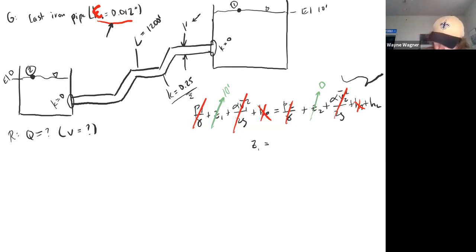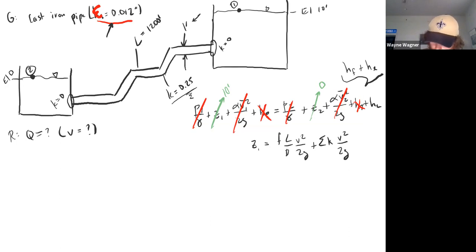The head loss is going to be head loss due to friction plus the head loss due to the minor losses. So the friction is FL on D, V squared on 2G. It's all the same pipe, so we don't have to worry about anything weird going on there. And then plus the head loss due to the minor losses, and that's going to be the sum of the K's times V squared on 2G.